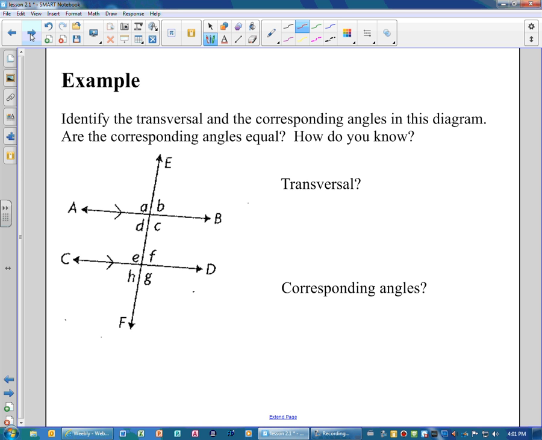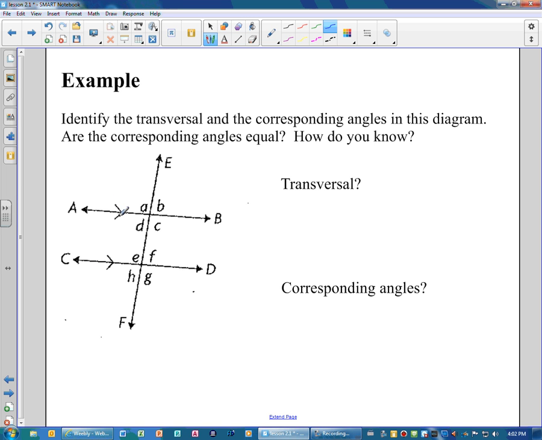All right, so the first example that you have in your notes there says, identify the transversal and the corresponding angles in this diagram, and are the corresponding angles equal, and how do you know? So the transversal, I'm going to go in blue here. So A and C, so line AB and line CD are parallel.